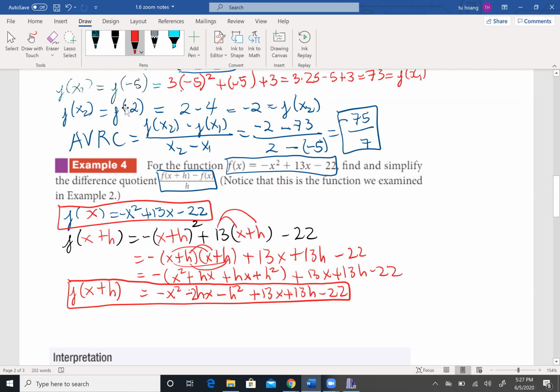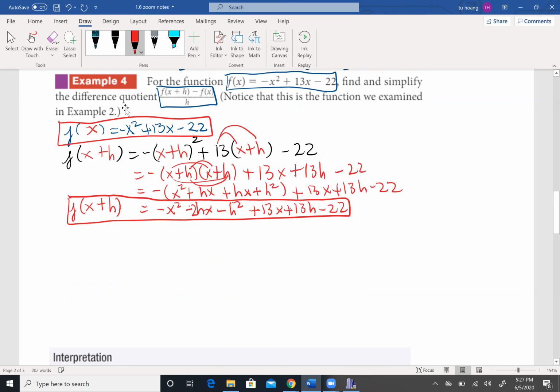All right, and now it's time to plug into the top of the difference quotient, which is f of x plus h minus f of x. Maybe some of you will just write the whole form of the difference quotient, but I would like to do it step by step.